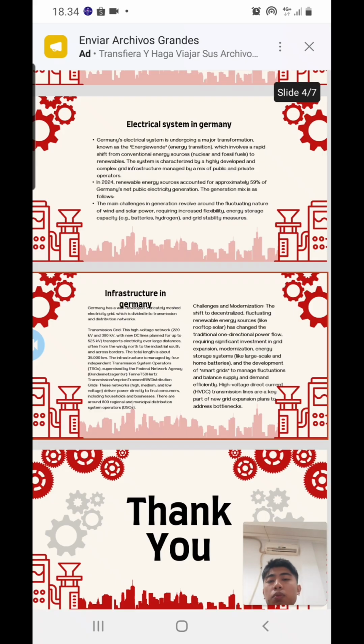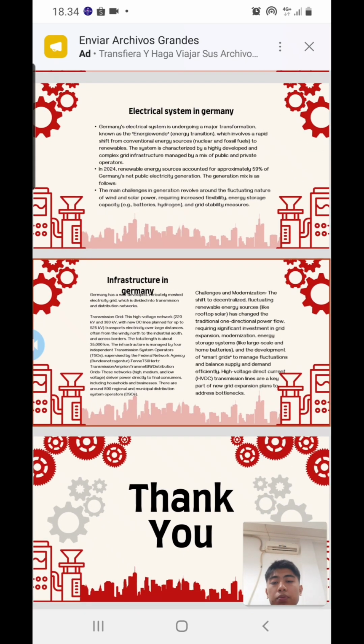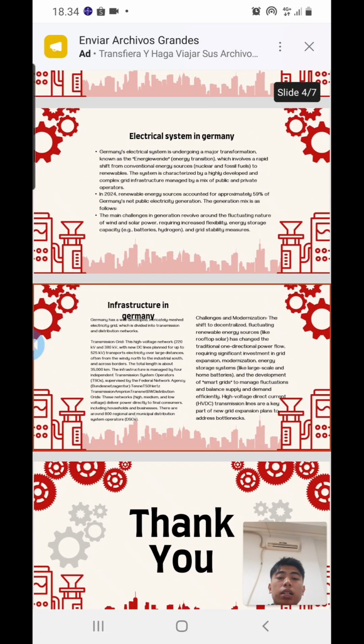I think from the presentation, maybe we can conclude that Germany is one of the countries with a major transformation in technology, and I think Germany will be the first country on the European continent with a new electrical transformation system.